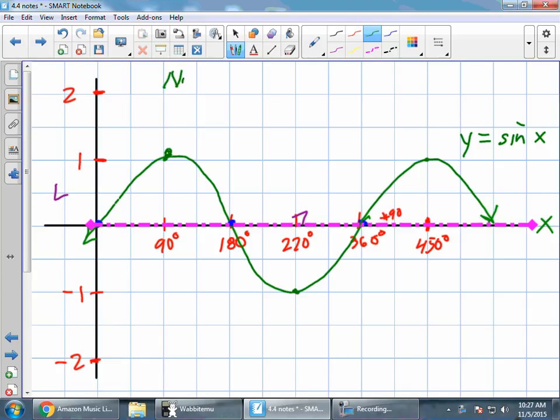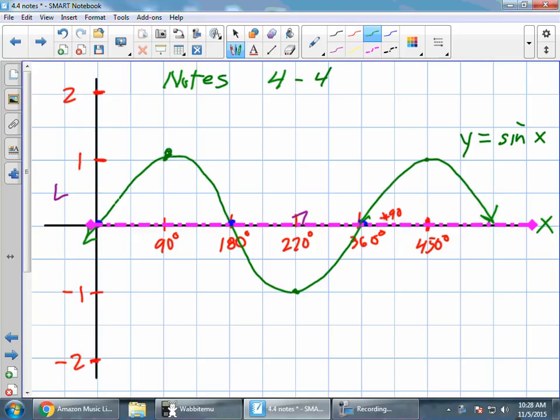These are some notes for section 4-4, and we're talking about translating periodic functions. Even though there are lots and lots of functions that are periodic, one that we always want to deal with is the sine function.